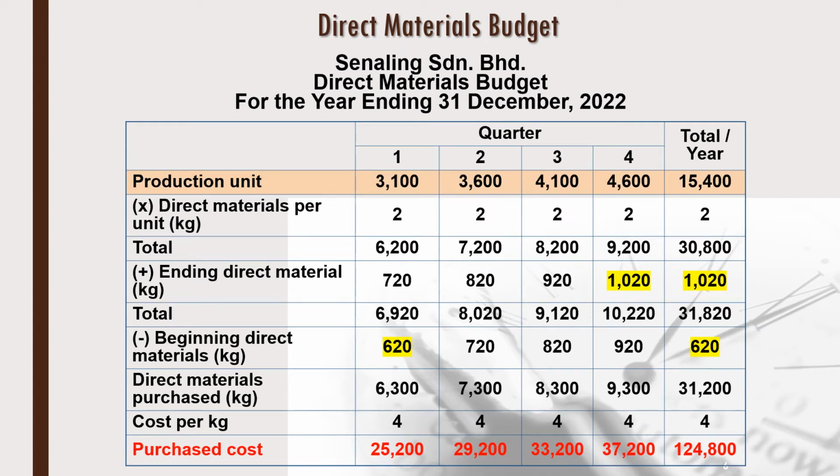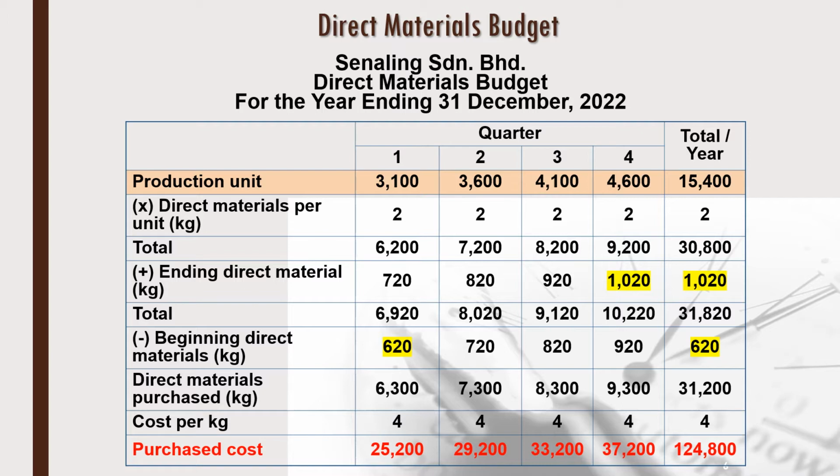Now let's look at the yearly total. For production units, the total equals 15,400. And then multiply with direct materials per unit, that is 2 kg, equals 30,800.